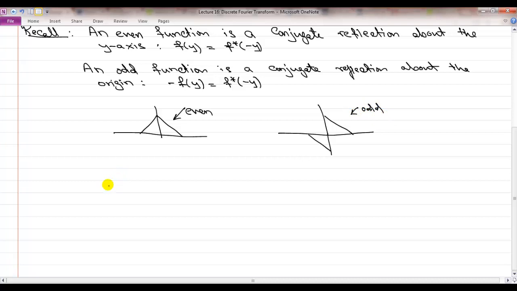And then there are other properties, which are that if you are given any function f of y, it can always be written as a sum of even and odd functions.